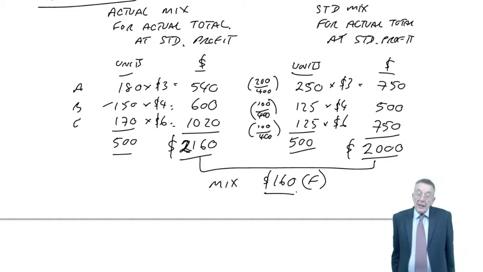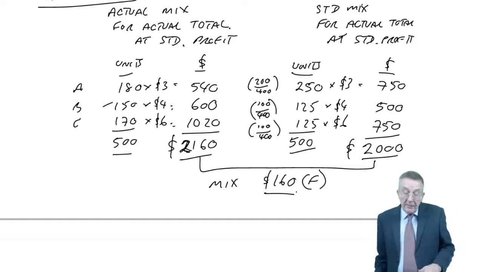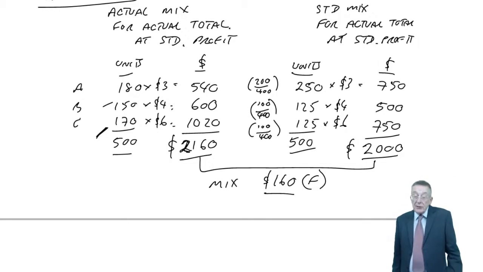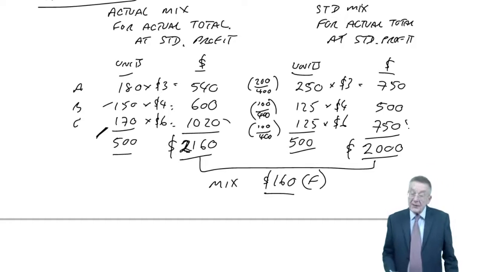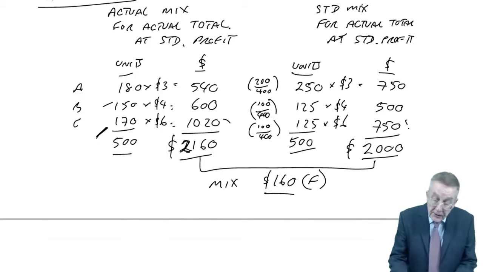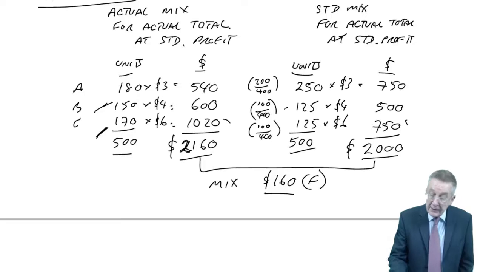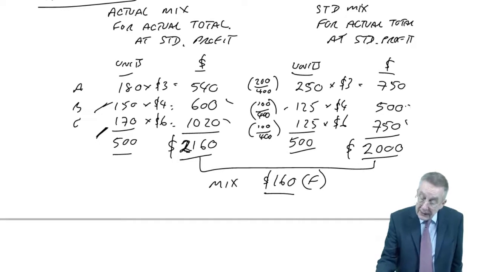It's favourable. And look at it, it does make sense, because what's happened is we've ended up selling a lot more C's than we would have expected, 170 instead of 125, and C is very profitable, so that gained us 270. We've also sold a few more B's than we would have expected, not so many more, and that's only $4 a unit, but that's gained us another 100.